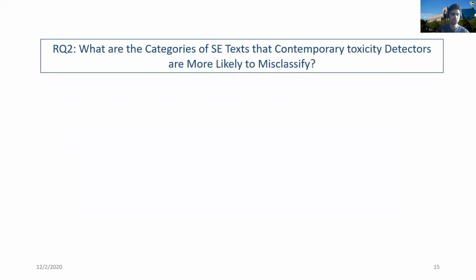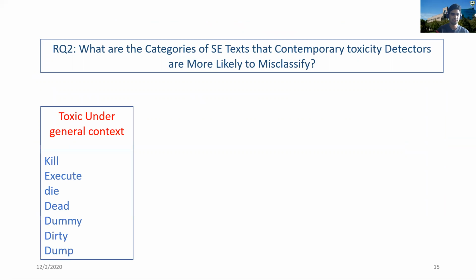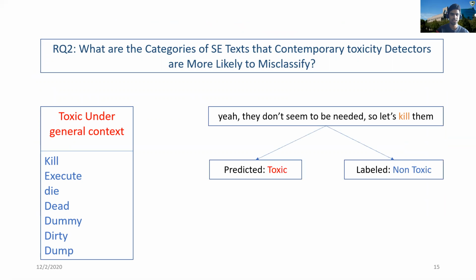Our research question 2 is, what are the categories of software engineering text that contemporary toxicity detectors are more likely to misclassify? There is some text which is toxic under a general context, but has a non-toxic meaning in software engineering. Here is an example. The word kill means to stop the process, but in the general domain, it's toxic.